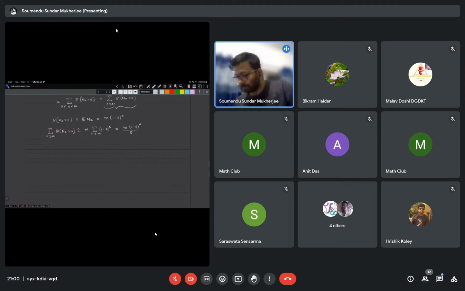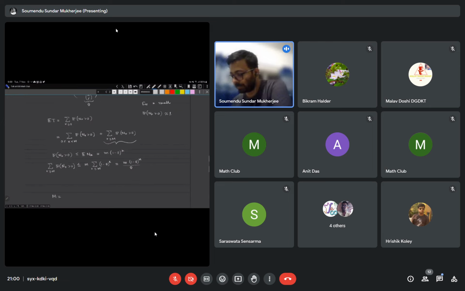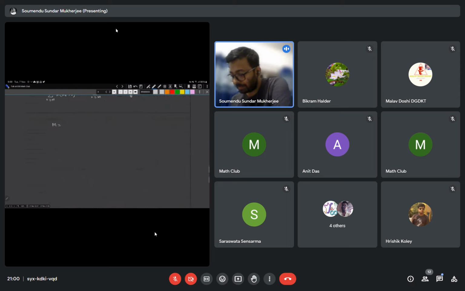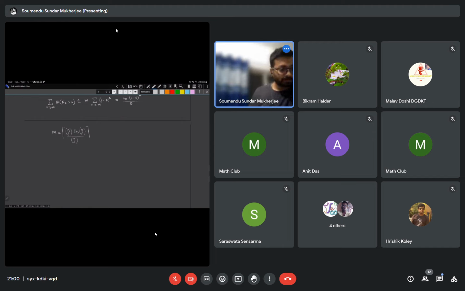So now it's almost there. We just see what this estimate gives us. We'll take m to be the number that we want it to be. So basically, this object, n choose s, log n choose s, let's put a ceiling.